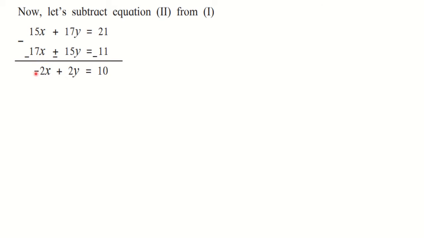So minus 2x, the subtraction here. And here 17y minus 15y, you are going to get plus 2y. Always give the sign of the bigger number. See here 17x was bigger, therefore we wrote minus here, and here 17y, positive 17y, that's why we wrote plus 2y here. And here on the right hand side, 21 minus 11, that is 10.